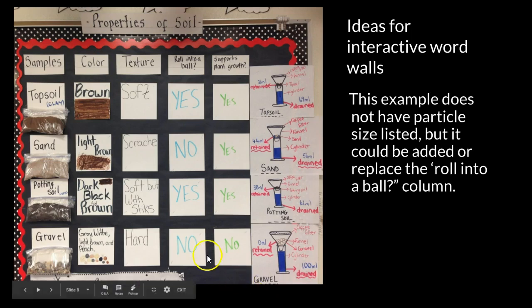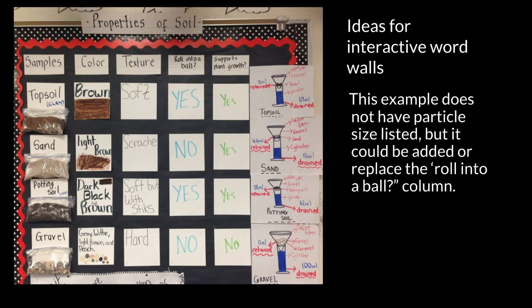This teacher obviously looked at the ability for different soils to be rolled into a ball. And what that refers to is that if you moisten different types of soil and you try to roll it into a ball, you can kind of determine how much clay it has in it. So the more clay it has, the more shape of a ball it's going to keep.